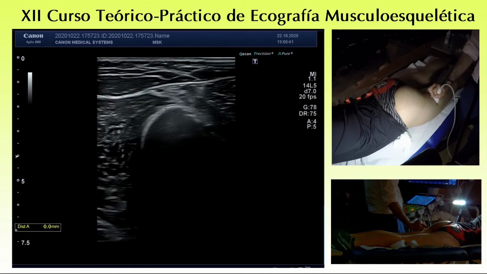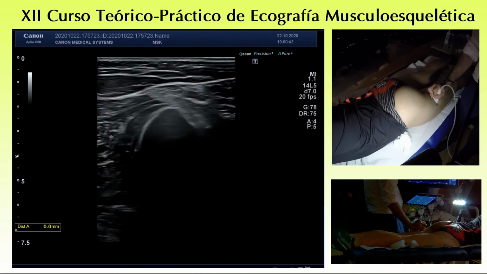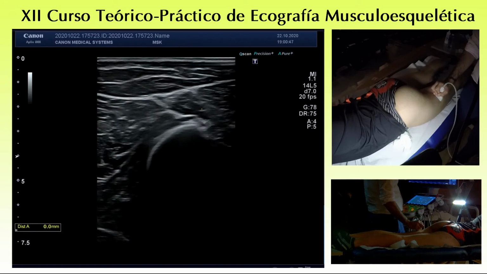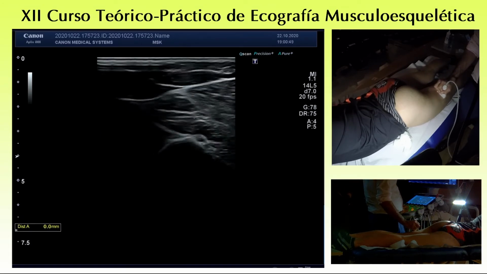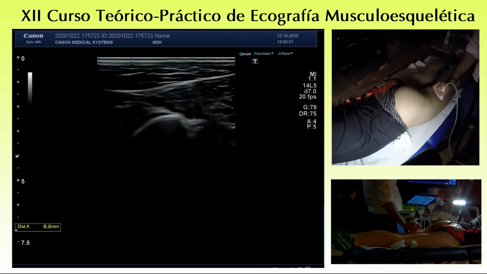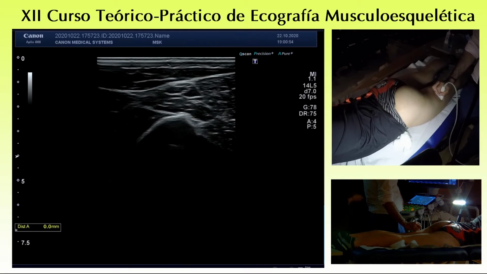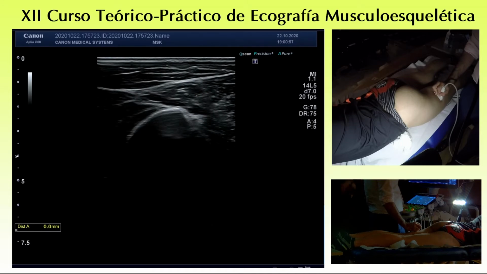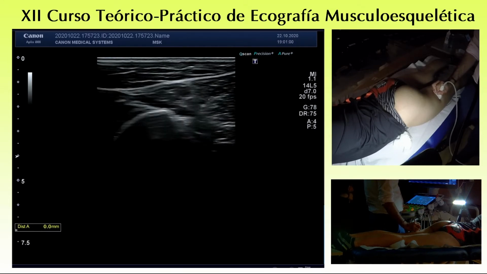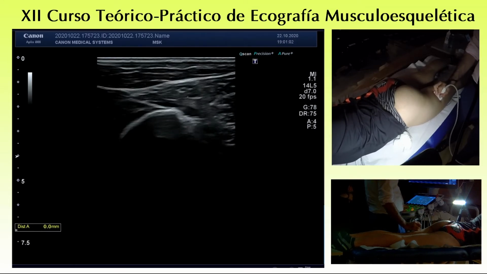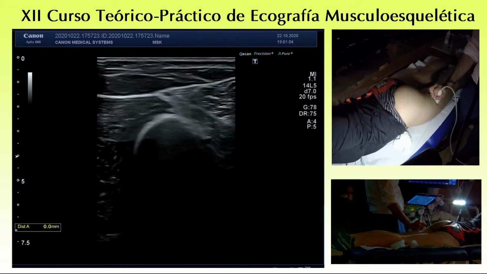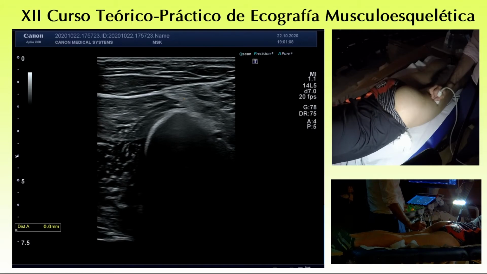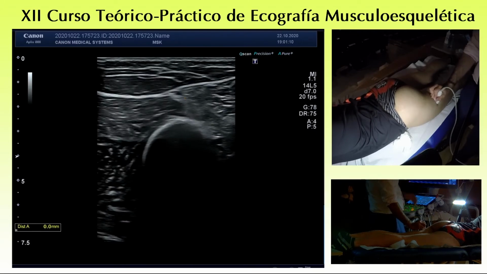It's interesting to notice that when the aponeurosis of the gluteus maximus finishes, what starts here is the short head of the biceps femoris, while this is the long head. The short head begins at the last part of the insertion of the gluteus maximus, just as a landmark.